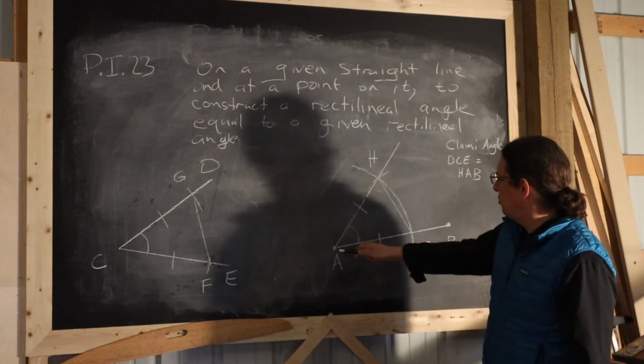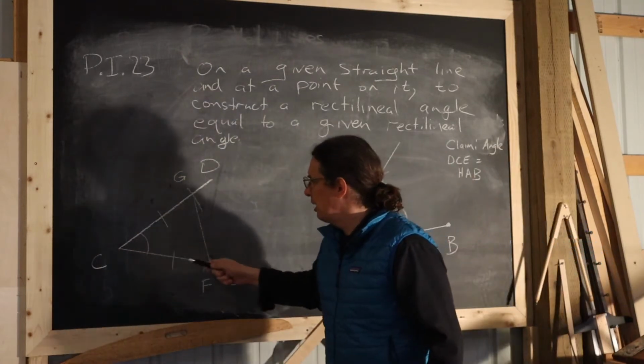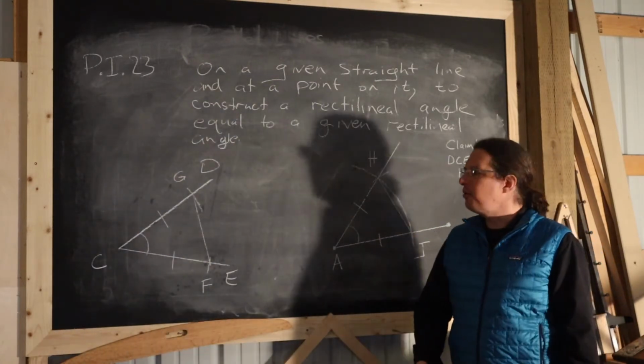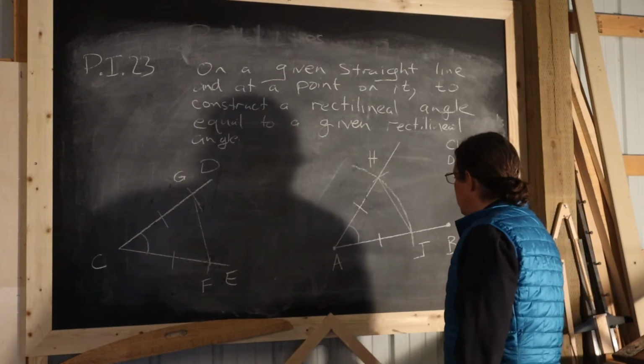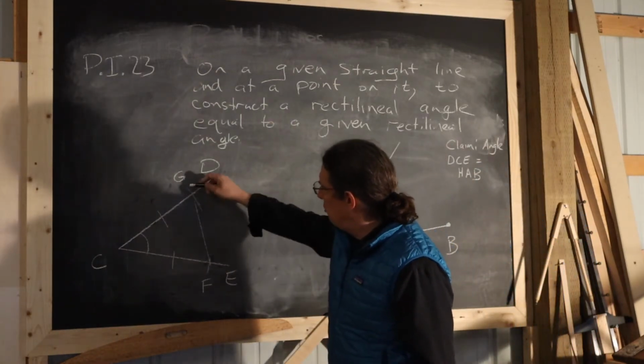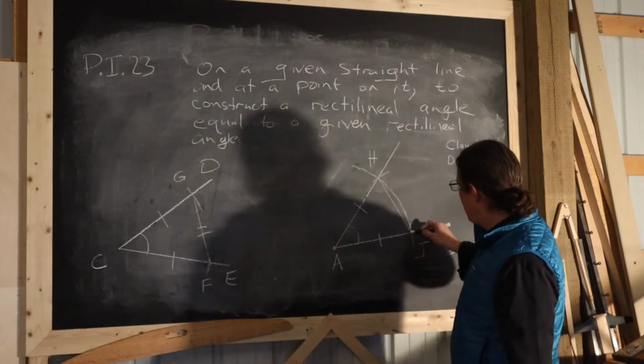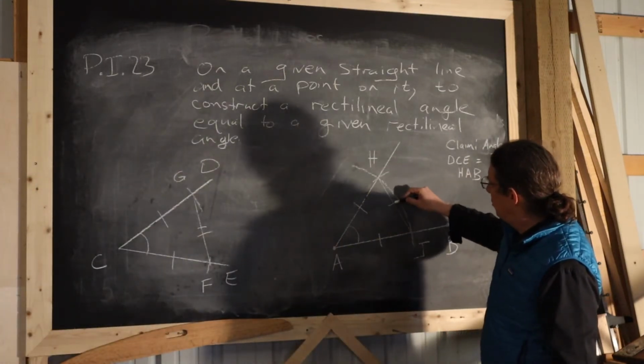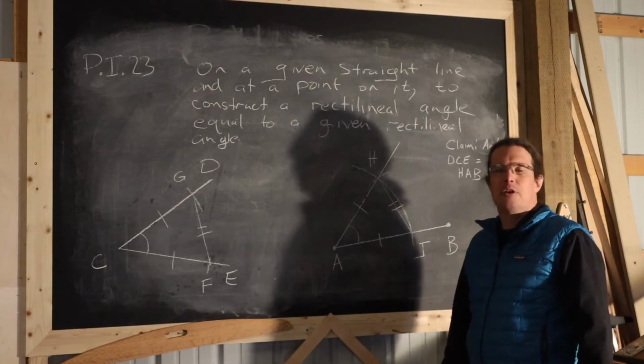So this segment, this segment, this segment, and this segment, they're all equal to one another. And likewise, I measured this distance from F to G and copied that distance from J to H. So those sides have to be congruent.